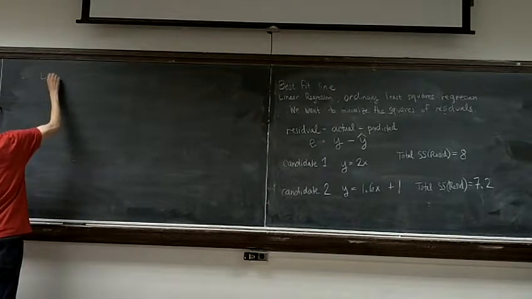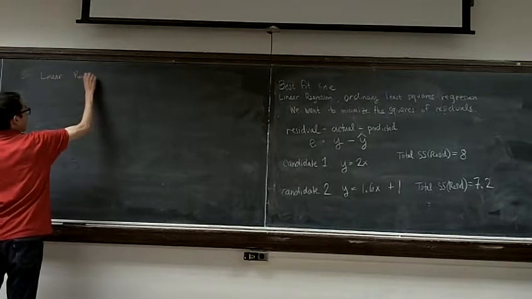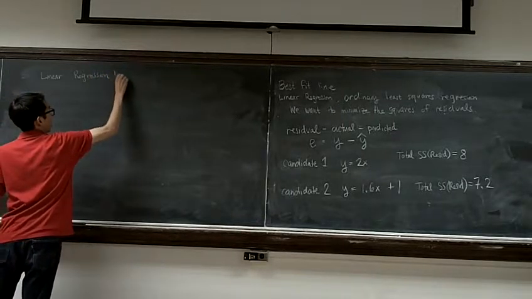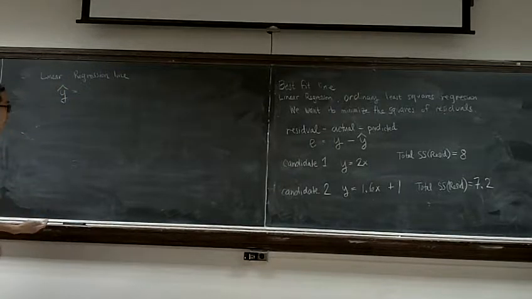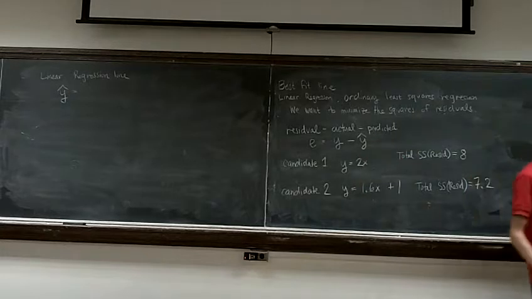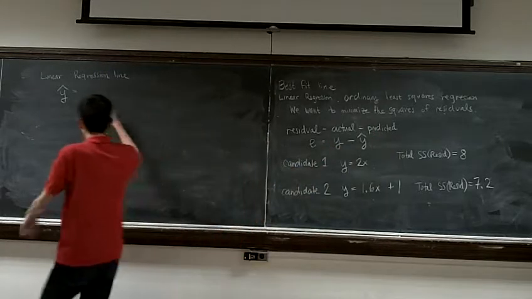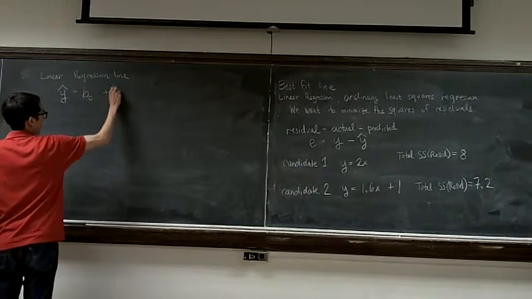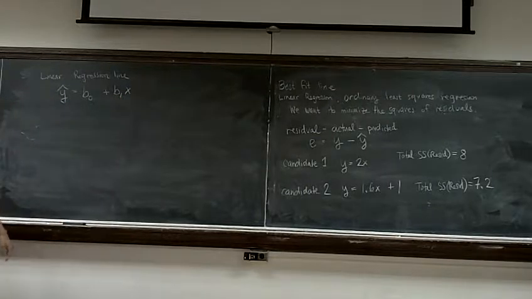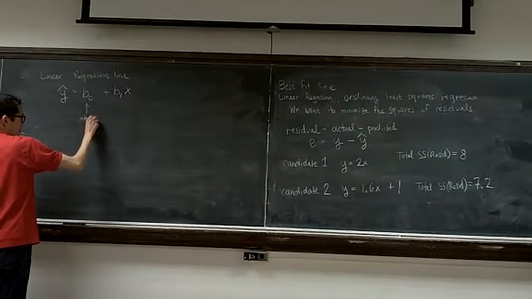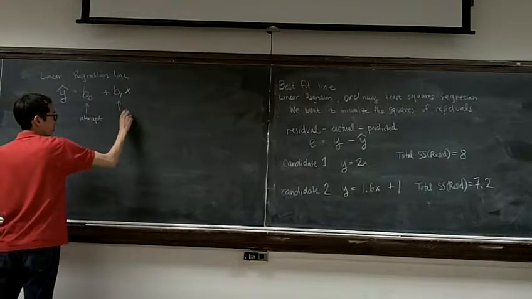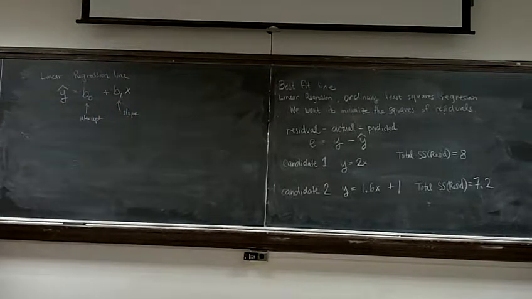So your linear regression line y hat, our prediction for y. Let me just check the notation. The notation is always different in every book. It's B0 plus B1x. Yes, that's right. So our linear regression line, B0 plus B1x: B0 is our intercept, and B1 is our slope. We'll always have these properties.